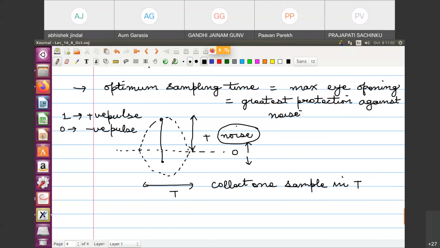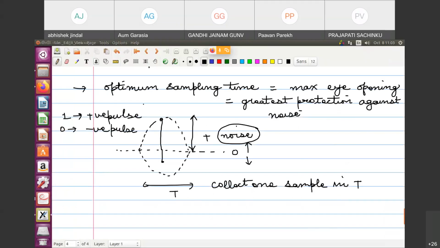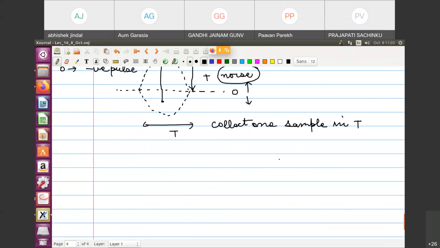So if it goes to the down level, then I transmitted 1, but I will decode 0. So this says that where the eye is maximum open, you sample there, because this makes the signal immune to additive noise, or the effect of additive noise will be least at these points. Okay, this is what this is.